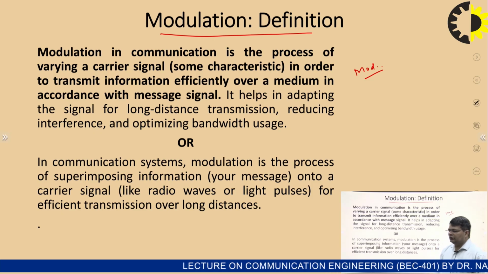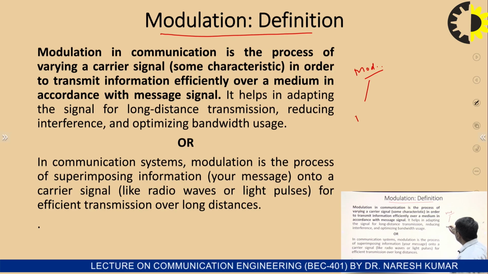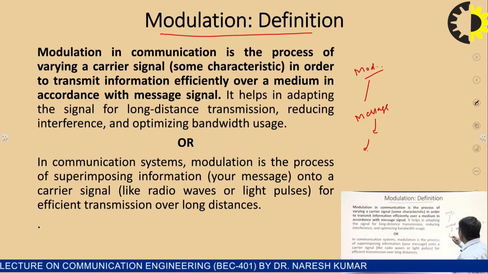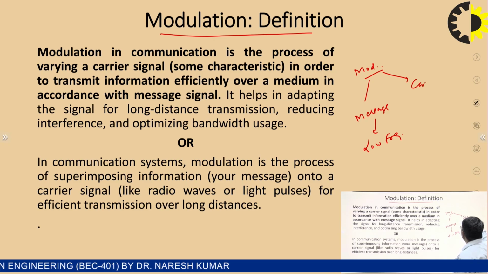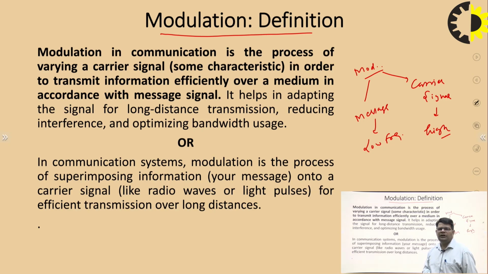Basically, in the communication system we use a message signal which is generally a low frequency signal. Then we use a high frequency carrier signal. In the next slide we will study what is the need of modulation, why modulation is required.